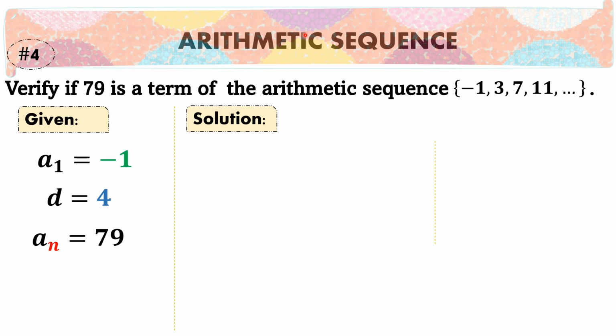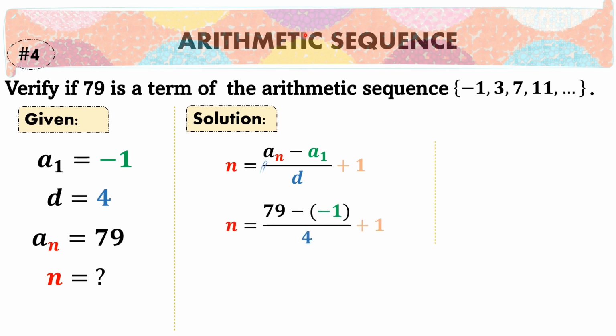Okay, let's find the value of n by applying the n formula, A sub n minus A sub 1 over D plus 1, where A sub n is 79, A sub 1 is negative 1, D is 4.